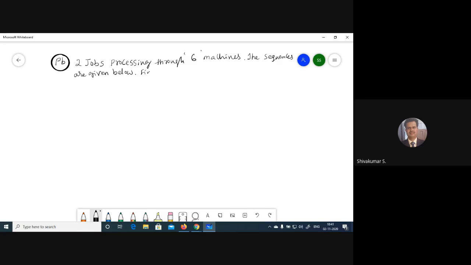Find the total elapsed time for both the jobs, and also specify the job that should be done first.